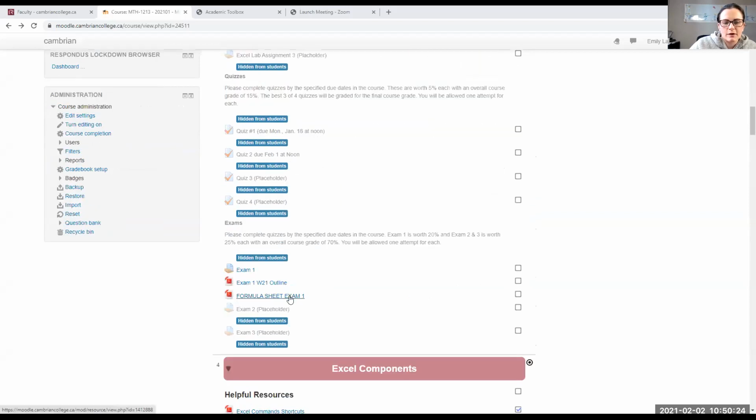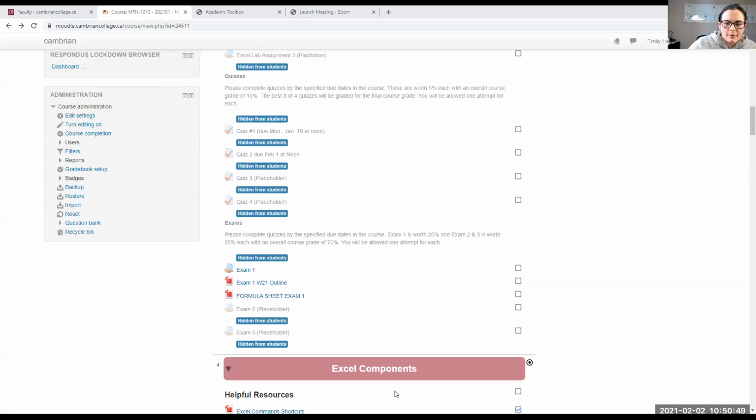The formula sheet for your exam is posted there under exam number 1. That's also where your exam will be posted on February the 10th, next Wednesday when you're writing your exam. And the outline for the exam is there as well, as in what to expect on the exam.